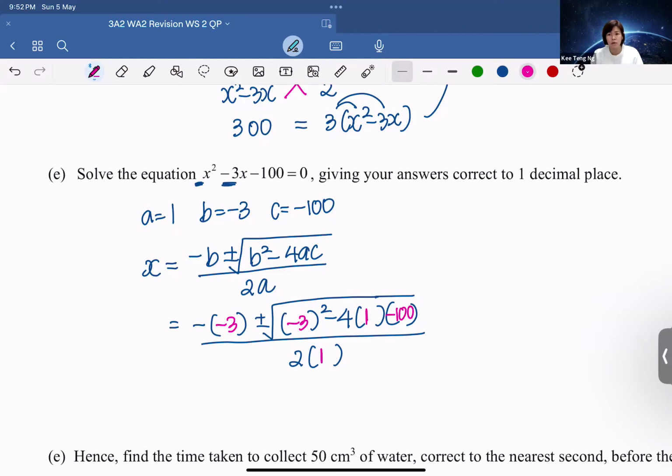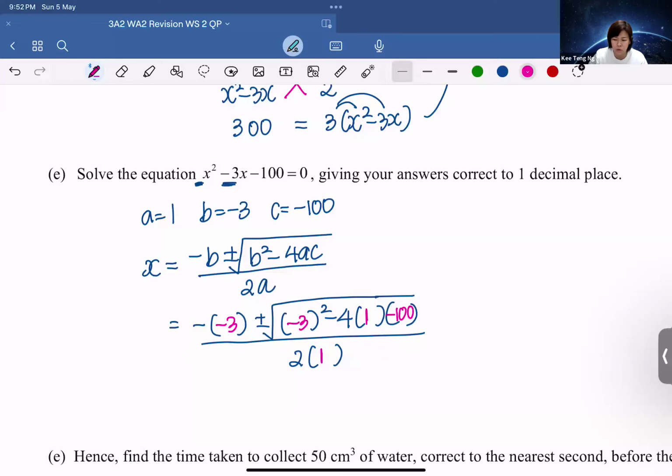Else, if you have the calculator with you, you can use mode 5 2 2, or your calculator mode 3. And then key in a is 1, b is negative 3, c is negative 100. And for my calculator, I get the two answers directly.